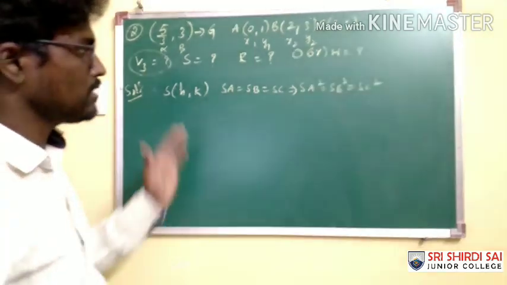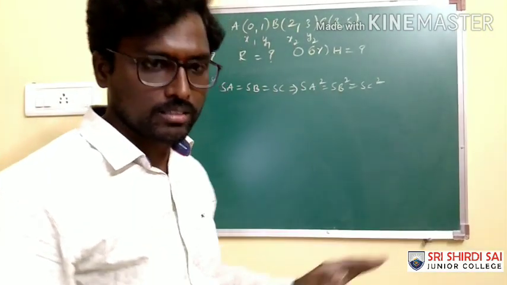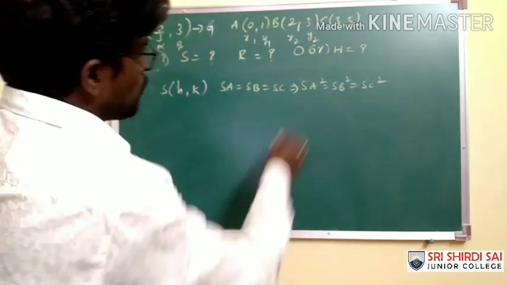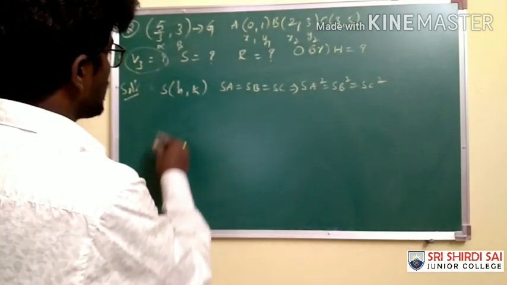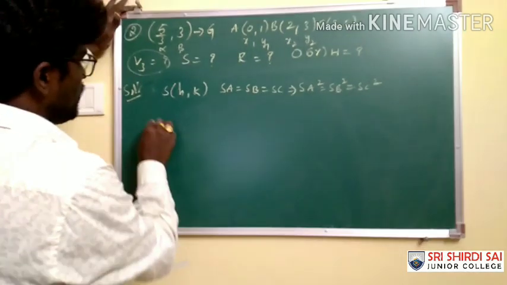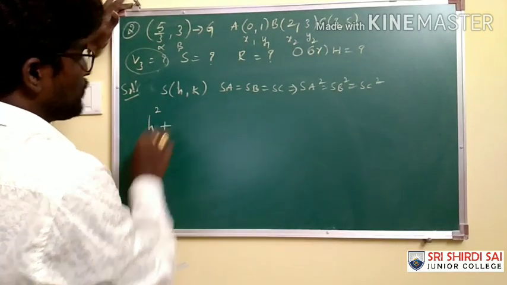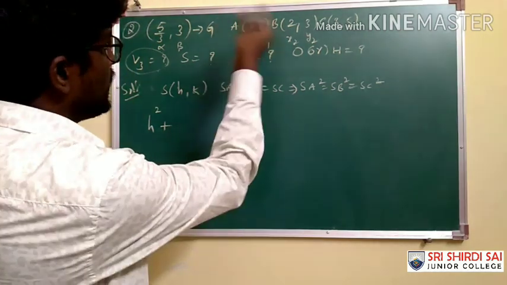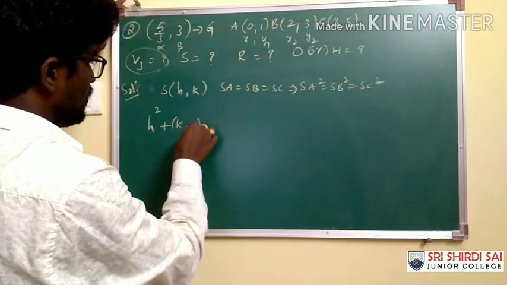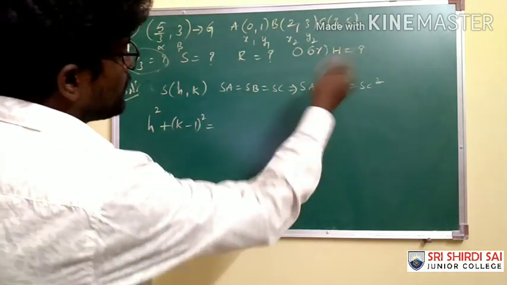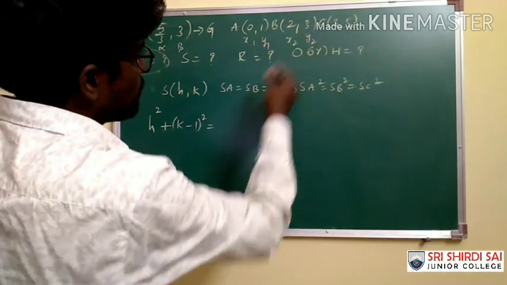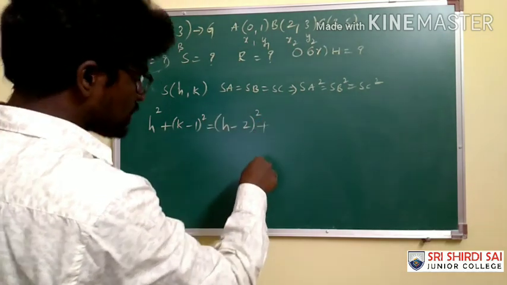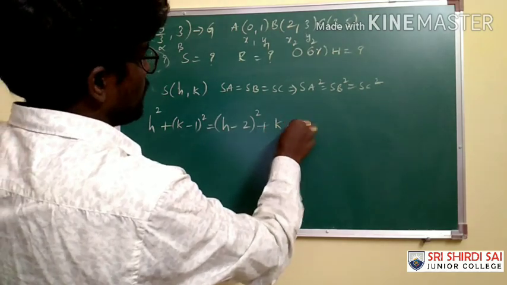From this equality, squaring all the three terms so that we can eliminate the square root in the distance formula. What is SA square? SA square means the distance between S and the point A. h minus 0 whole square means h square plus k minus 1 whole square is equal to SB square, the distance between S and the point B. That is h minus 2 whole square plus k minus 3 whole square.